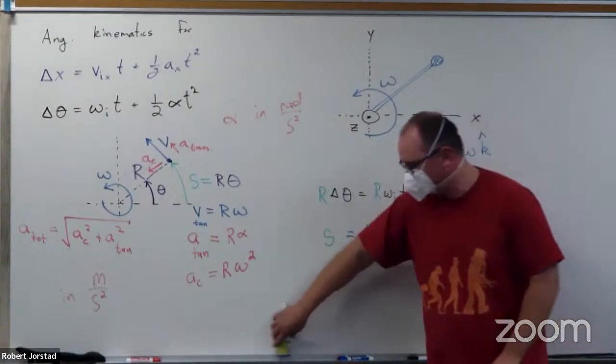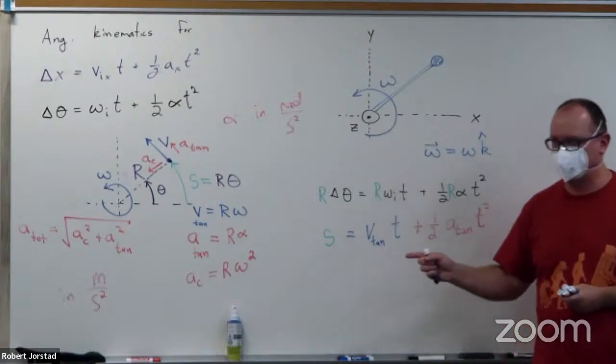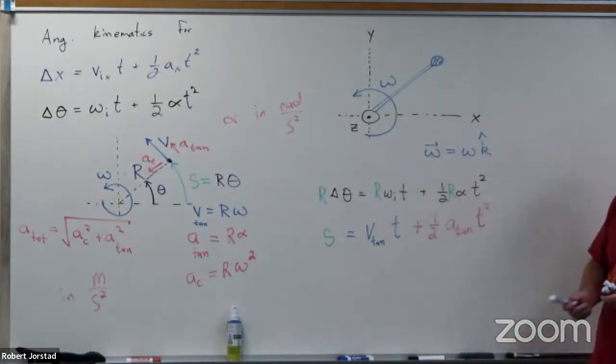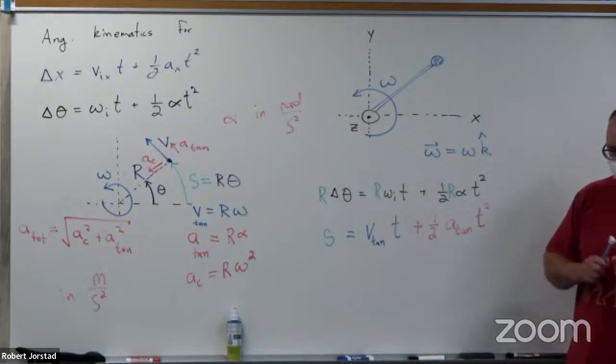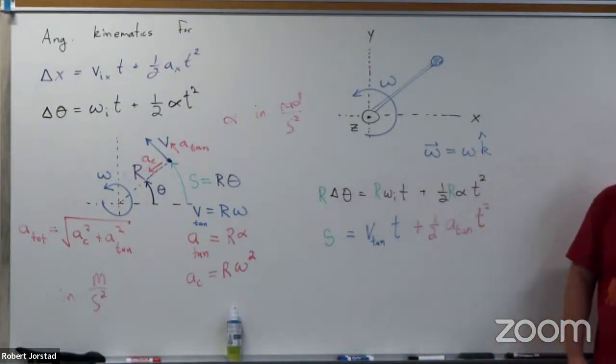There's two underlying assumptions here that we should write. This does not work all the time. This only works in special cases. What's one of the special assumptions that must be true for us to use these kinematics equations? You remember, what was it in chapter 2?